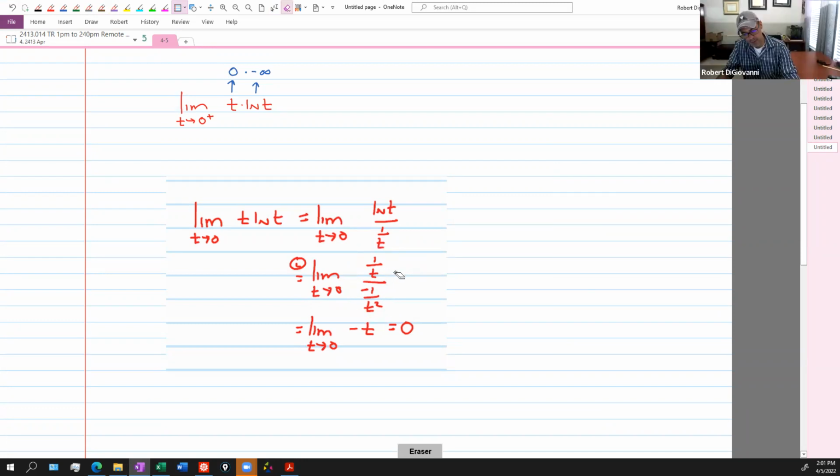So I brought it up as a t squared over -1 and got rid of it here. And then one of the t's went away and I was just left with t over -1, which is the same as negative t. And now I let t go to 0 and that just gives me -0, which is 0. So the answer is 0.